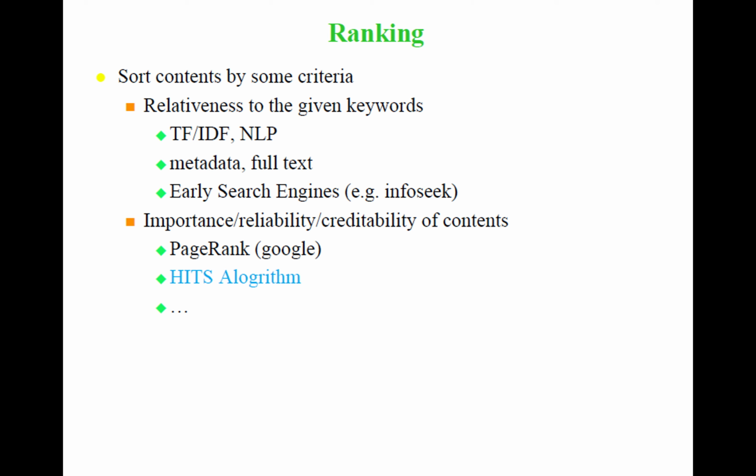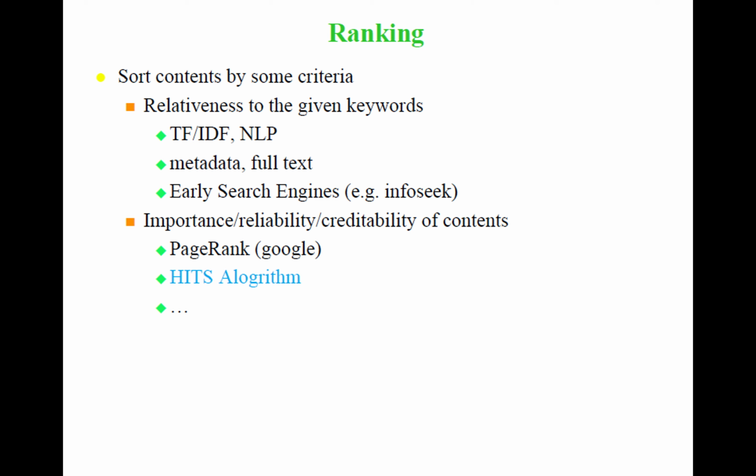So ranking is like sorting the content by some criteria, right? We need to somehow say that document X is better matched to the query, or document Y is better matched to the query. The process of finding which one is better matched is through ranking, so relevance to the given keyword. We can use something like term frequency or inverse document frequency, TF-IDF, in NLP, with metadata and full text, using the keywords.